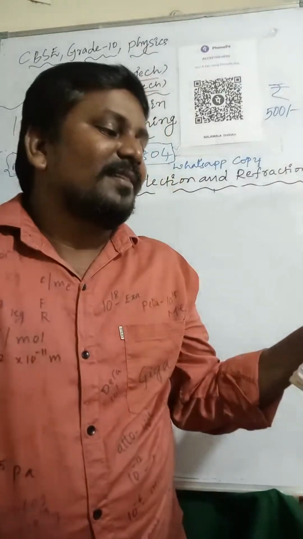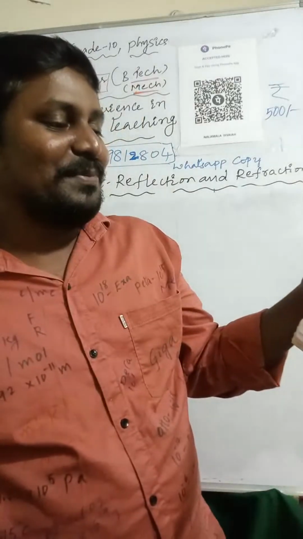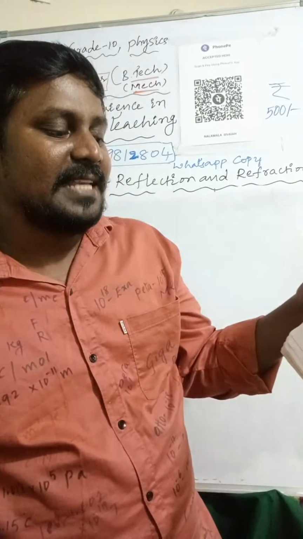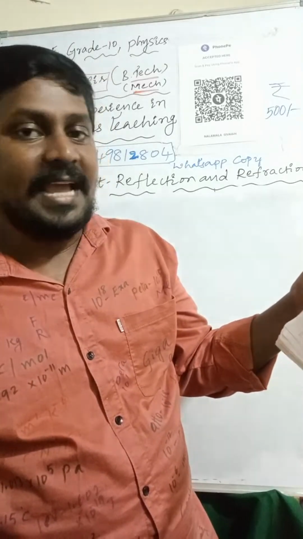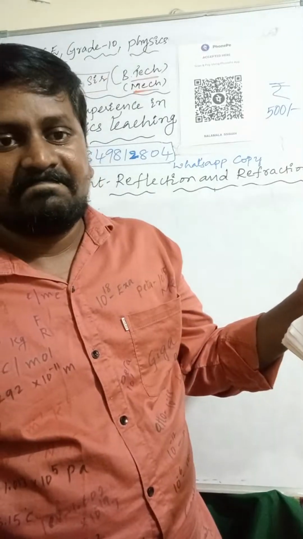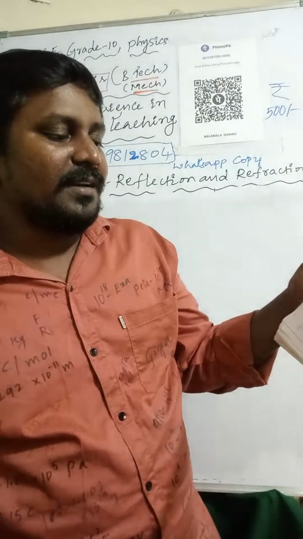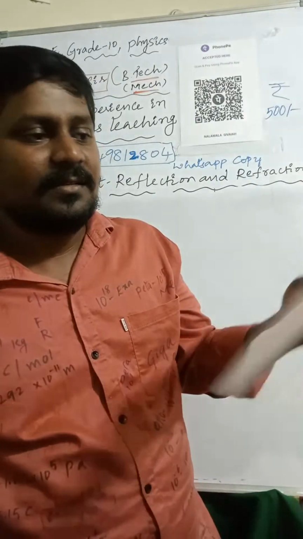The factors on which the lateral displacement of an emergent ray from a glass slab depends: one is thickness of glass slab, second is refractive index of glass slab, and third is angle of incidence. Clear?